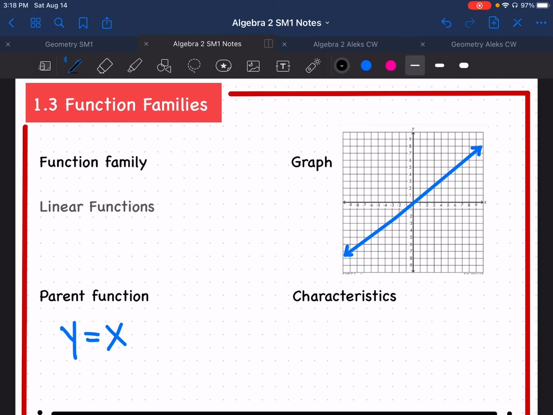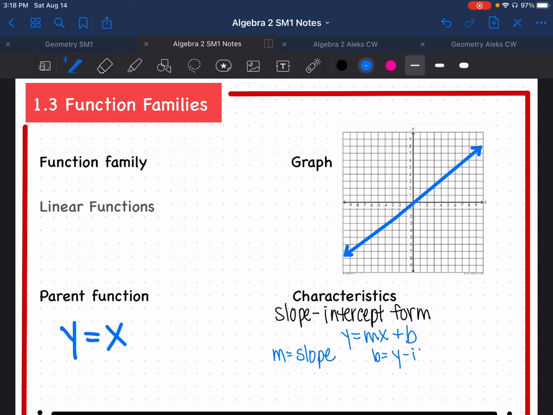is that we oftentimes see it written in the slope-intercept form, which is, of course, y equals mx plus b, where m is our slope and b is our y-intercept.